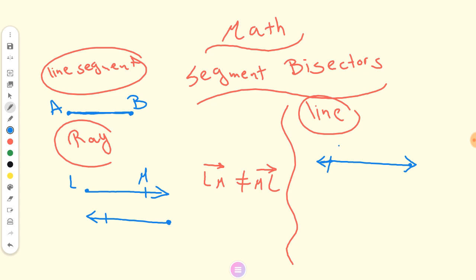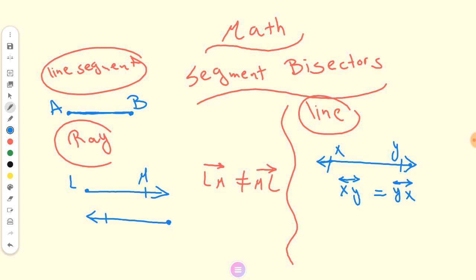I can name this one X and Y, and write line XY. XY is equal to YX, it's the same. Again, the line has no starting point and no ending point, so I can't measure its length, and a ray also I can't measure its length.